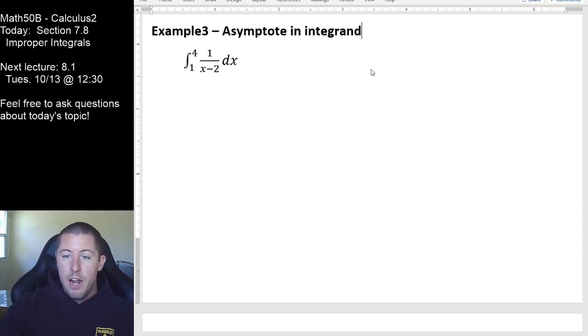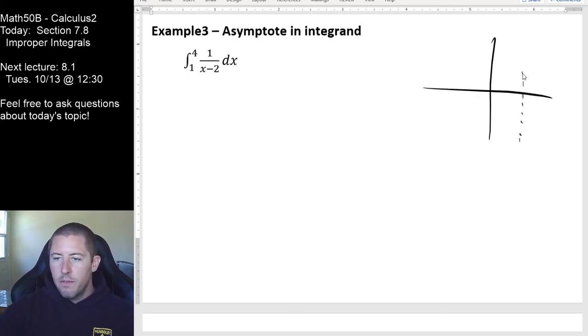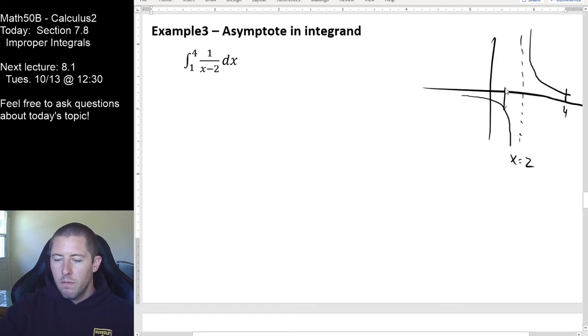Well, I know what the graph of this thing looks like, right? I know that we have at x equals 2 an asymptote. This question is asking me for the area between the curve and the x-axis from 1 to 4. Well, you can hopefully imagine that this is a bit problematic, actually.